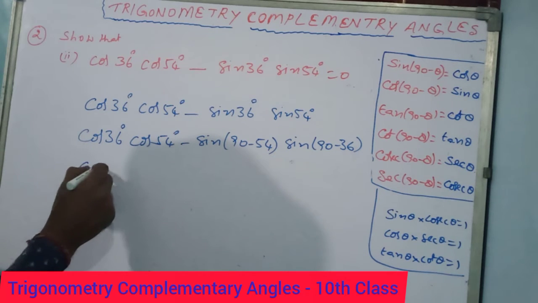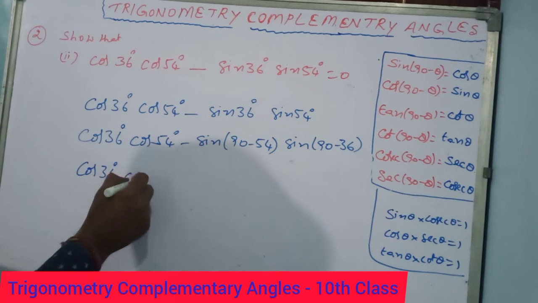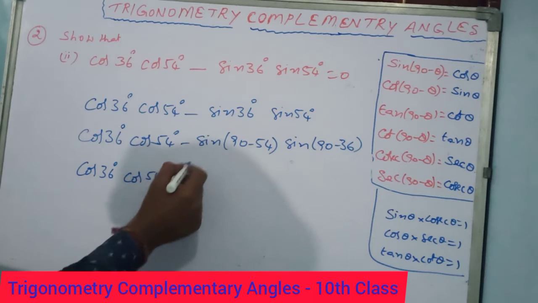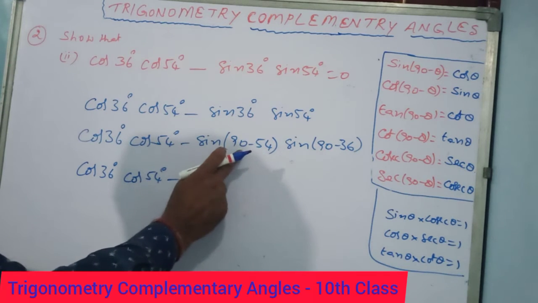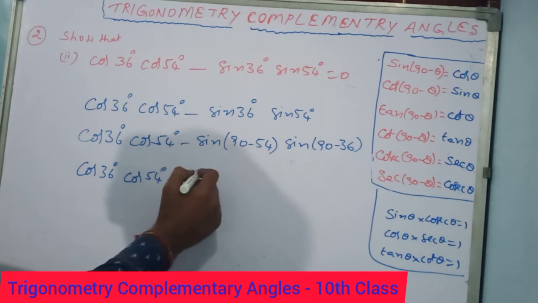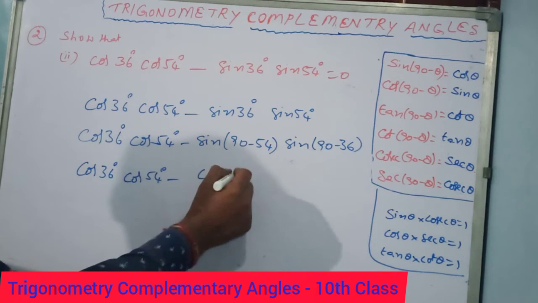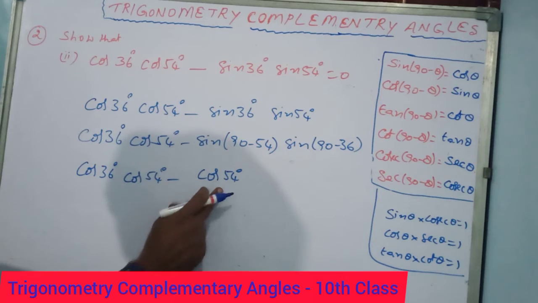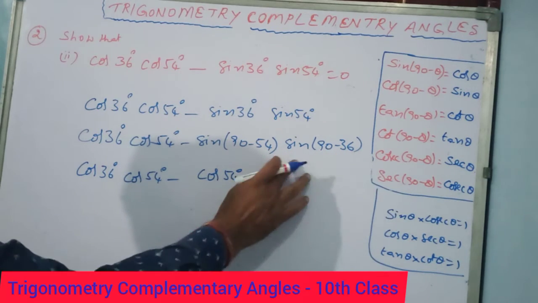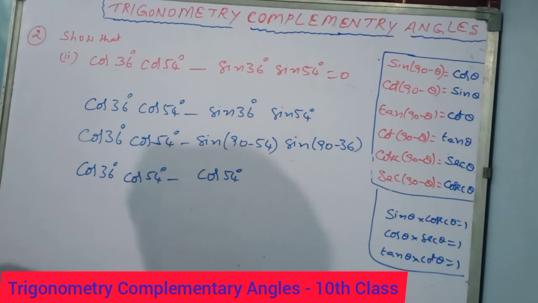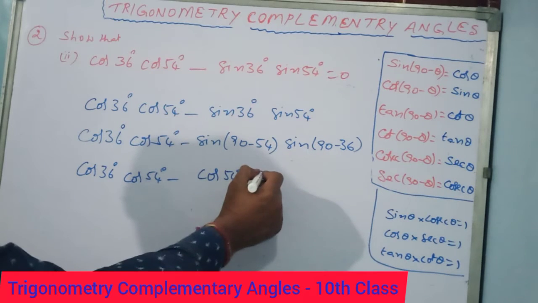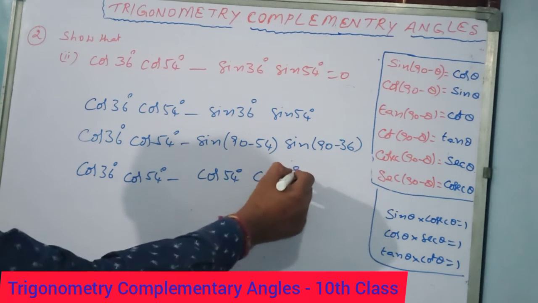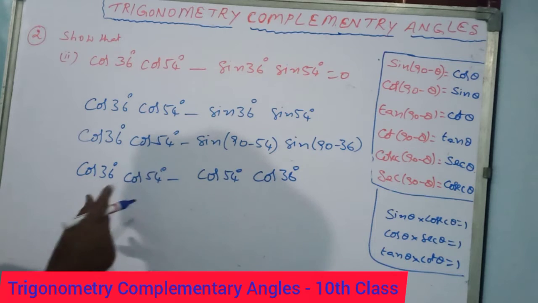So cos 36 degrees cos 54 degrees minus sin of 90 minus theta. Sin of 90 minus theta equal to cos theta. So cos 54 degrees. What is the theta place value? 54. What is the formula? Sin of 90 minus theta equal to cos theta. Cos 36 degrees.